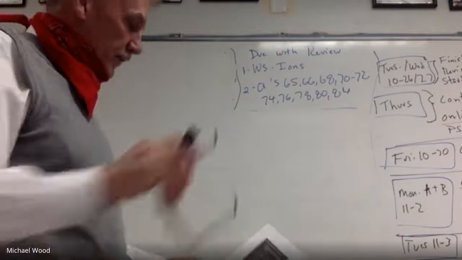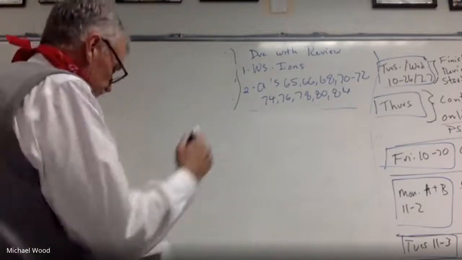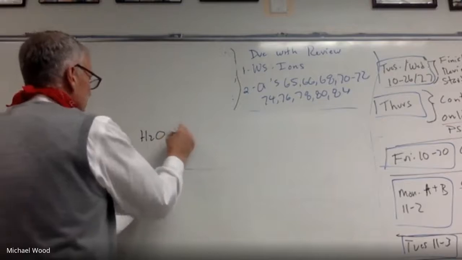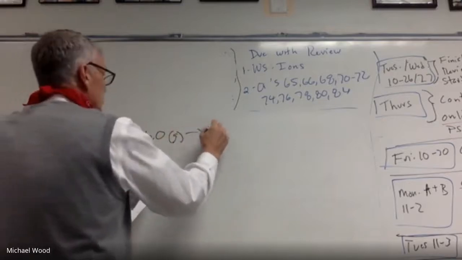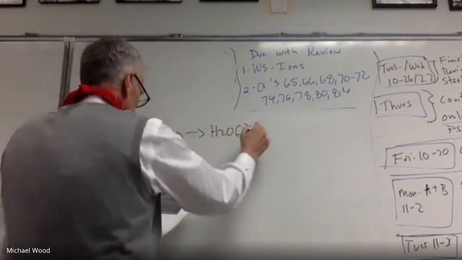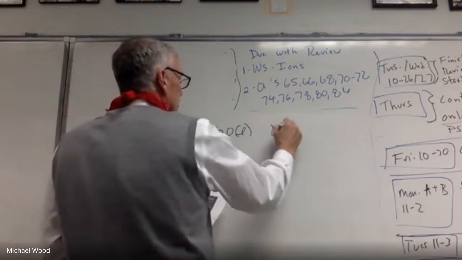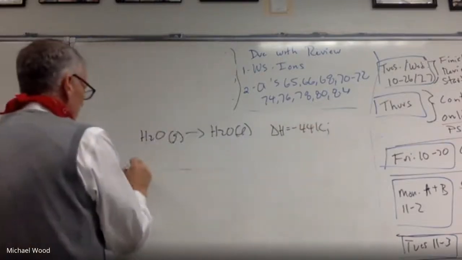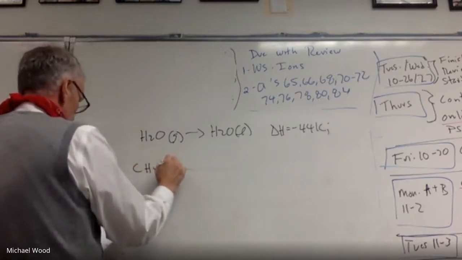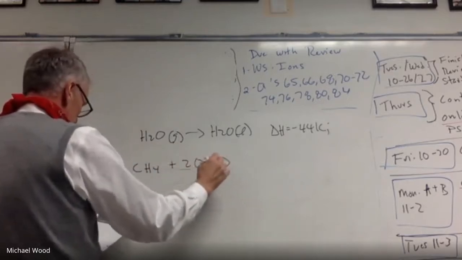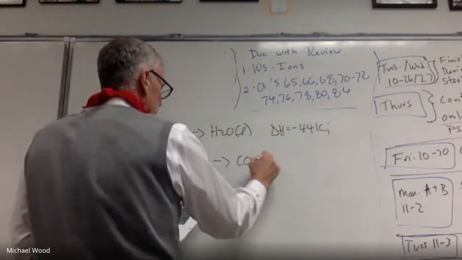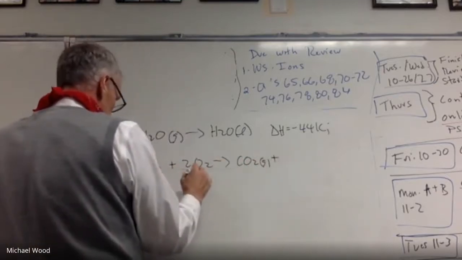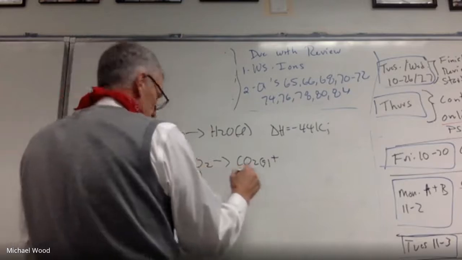So I have H2O gas making H2O liquid, and the delta H is negative 44 kilojoules. Okay, and then we have CH4 plus 2O2 makes CO2. This is a gas, this is a gas, this is a gas.